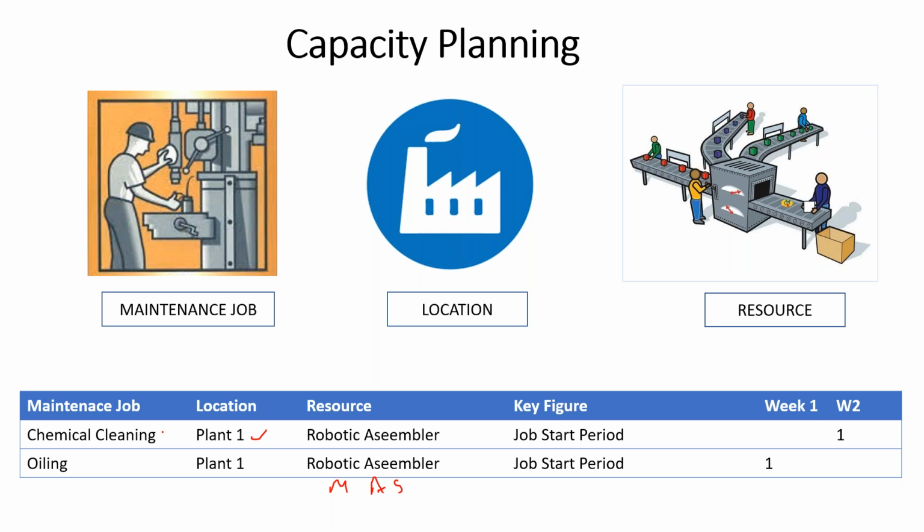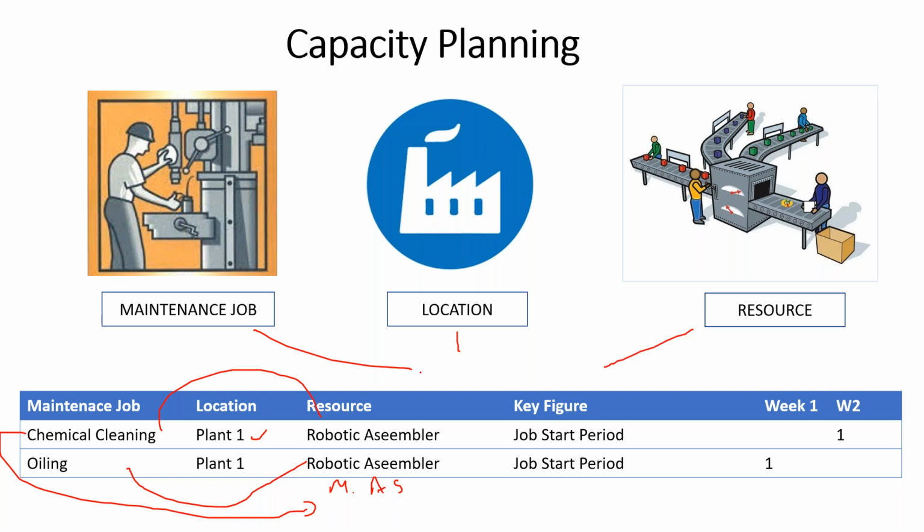I'll extend chemical cleaning to the robotic assembler and oiling to the robotic assembler, but I will not do oiling on my manual assembler. I'll do only chemical cleaning. So now I need to create a compound master data which consists of all these three, and I call it location, resource, maintenance job.